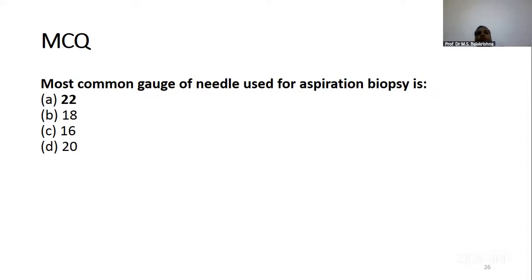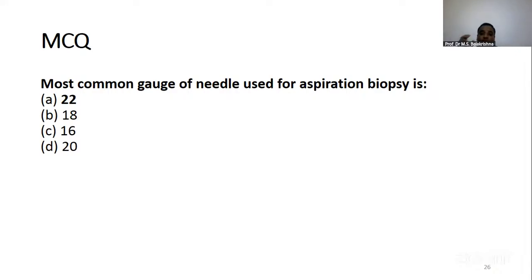Next question. Most common gauge of needle used for aspiration biopsy. So generally for aspiration biopsy, gauges between 22 to 25 we use. This is for fine needle aspiration cytology. Depending upon the lesion site and tissue density, this is used for thyroid, lymph nodes, breast lumps, and salivary glands.